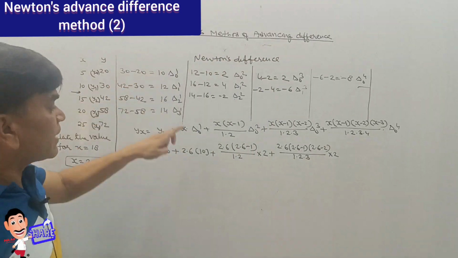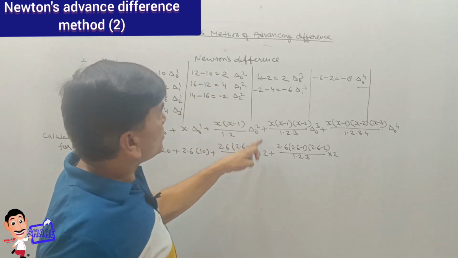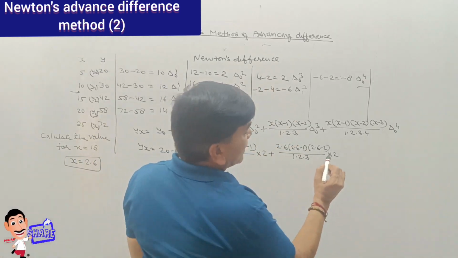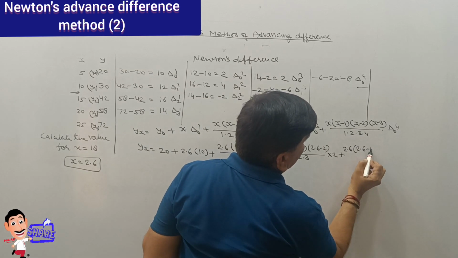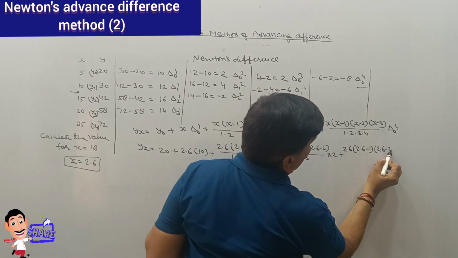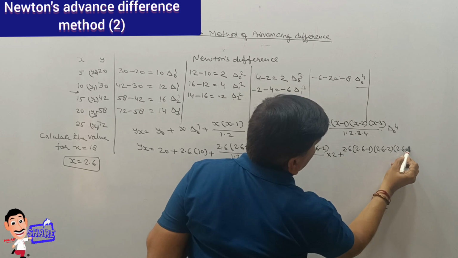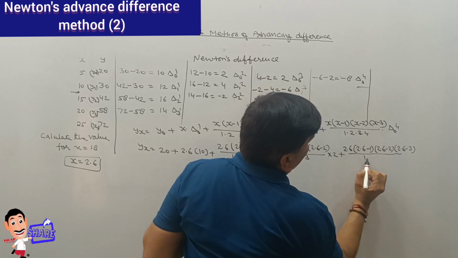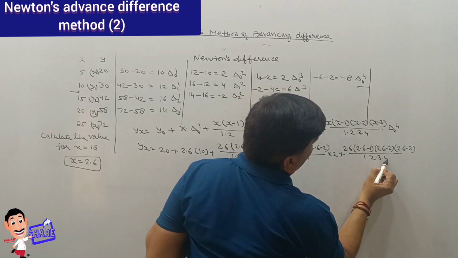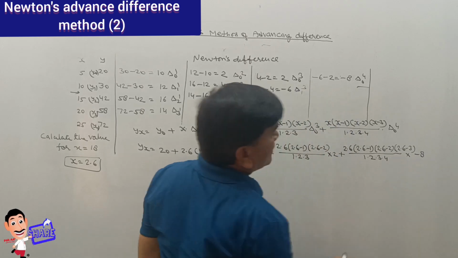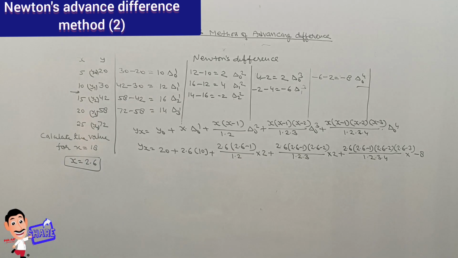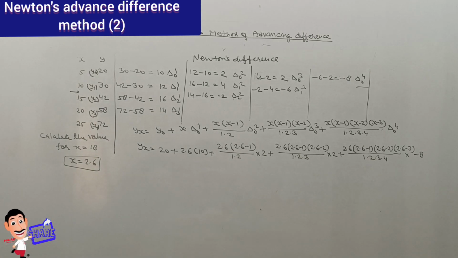So first we have taken 10, second 2, third 2, and last one 2.6 minus 1, 2.6 minus 2 and 2.6 minus 3 divided by 1 multiply 2 multiply 3 multiply 4, and that is minus 8. So we have kept the values in the formula.